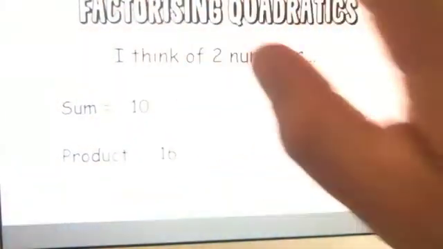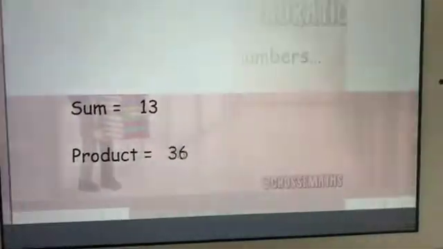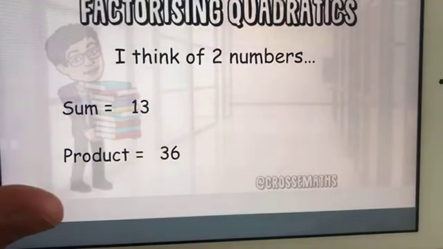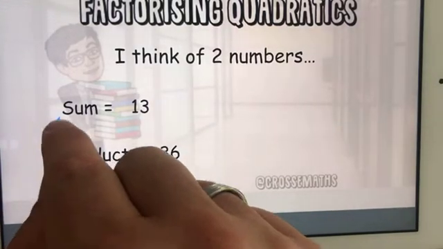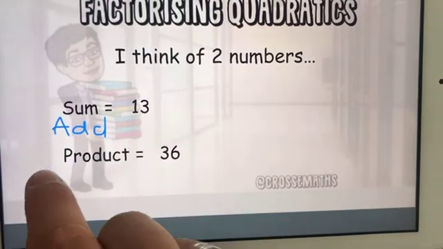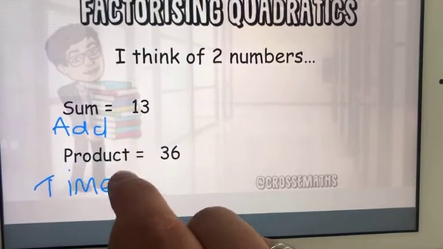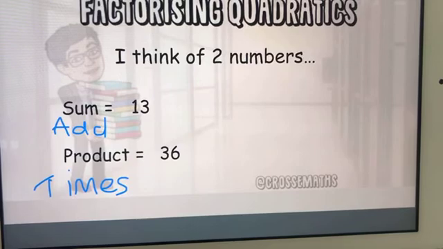Next one. It's going to get more difficult now. Two numbers that add to make 13 and times to make 36. This is a tricky one.